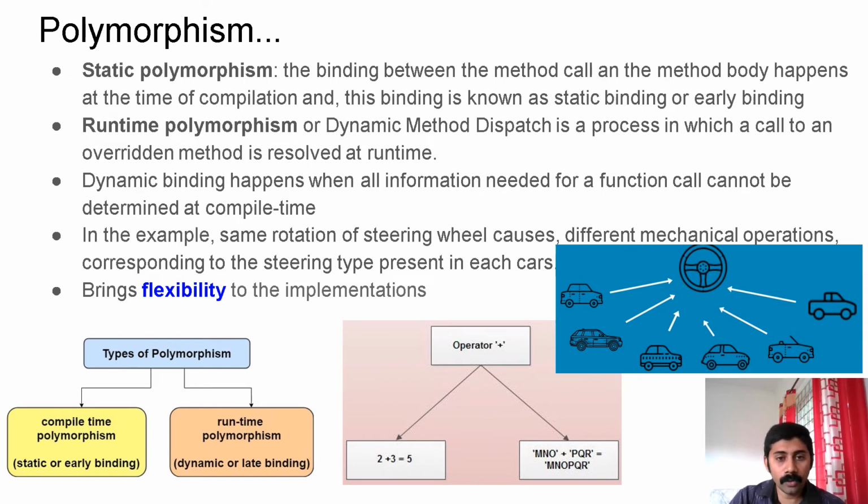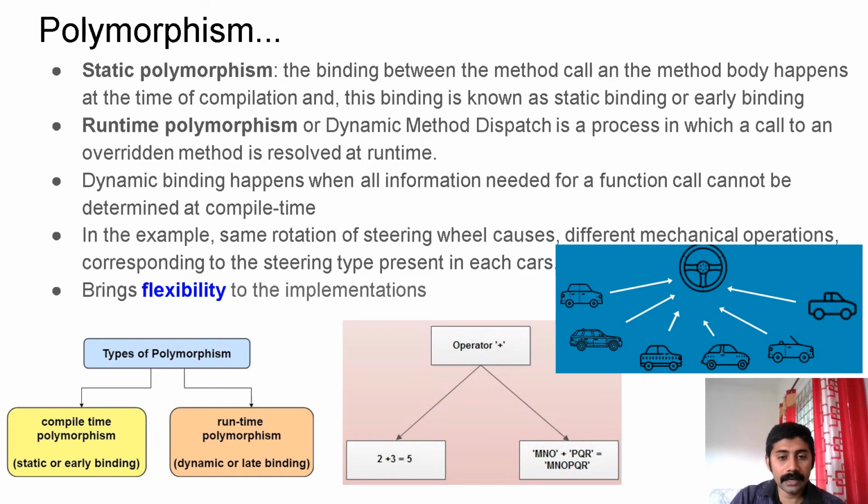Runtime polymorphism or dynamic method dispatch is a process in which a call to an overridden method is resolved at runtime. Dynamic method binding happens when all the information needed for a function call cannot be determined at compile time. That is, at compile time we cannot decide which function has to be executed. In the previous example, for the draw function, there are different implementations in each class.